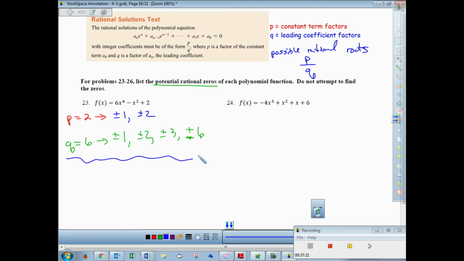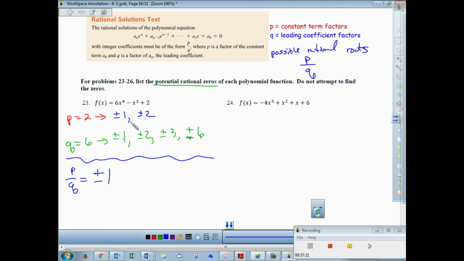Now it's time to put your answers. So P over Q could be. I do every blue number one at a time over every green number, right? You will have plus or minus 1 over 1, which is plain old 1, right?